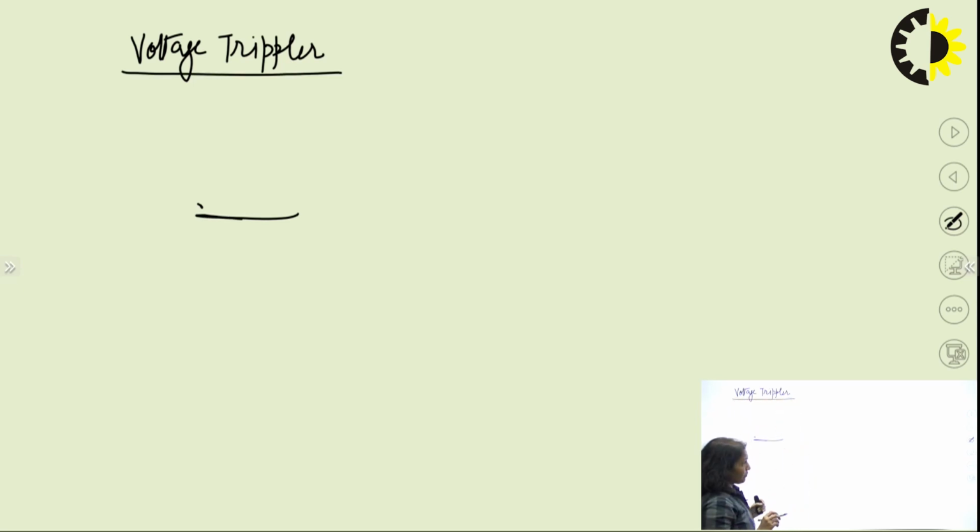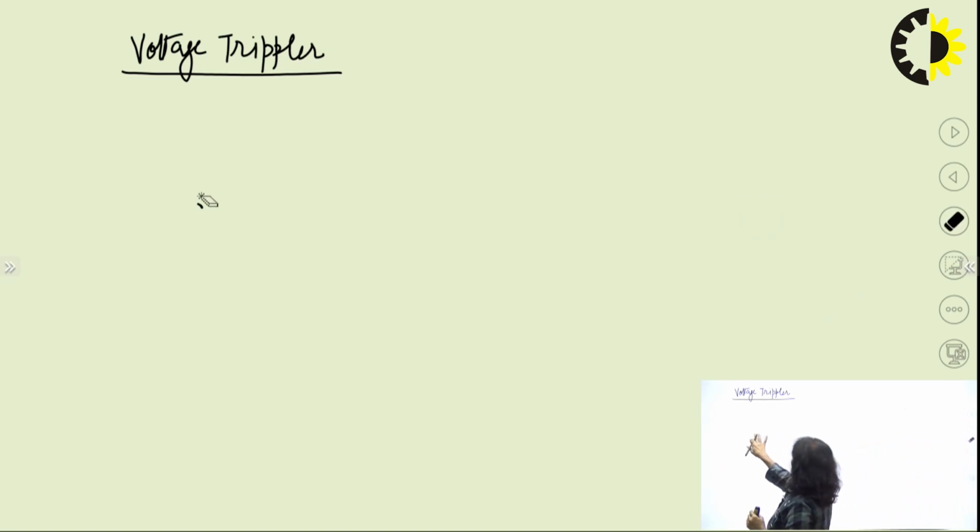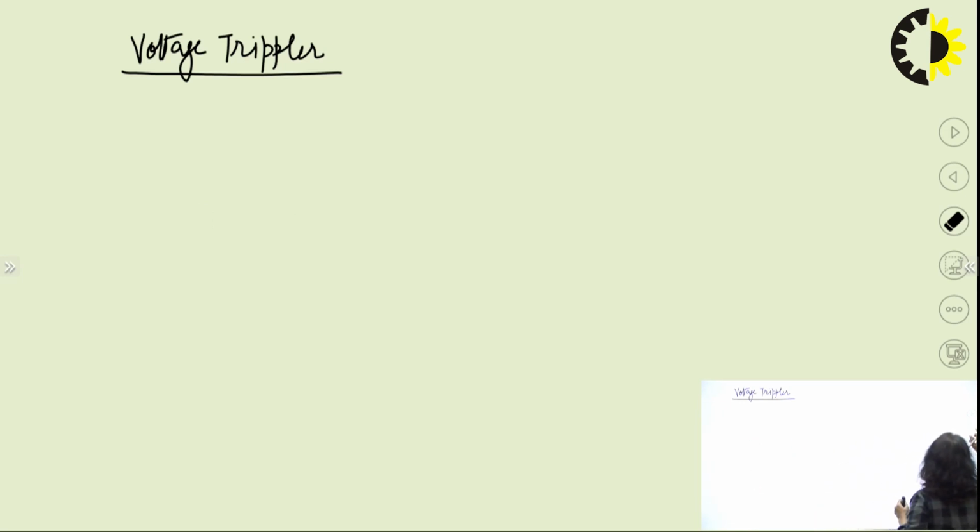As the name says, tripler means it consists of three capacitors and three diodes. So, three pairs of diode and capacitor are required for the formation of the voltage tripler circuit, which is nothing but a voltage multiplier circuit.